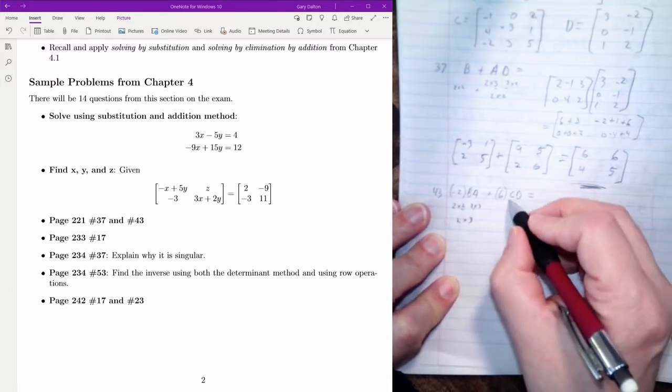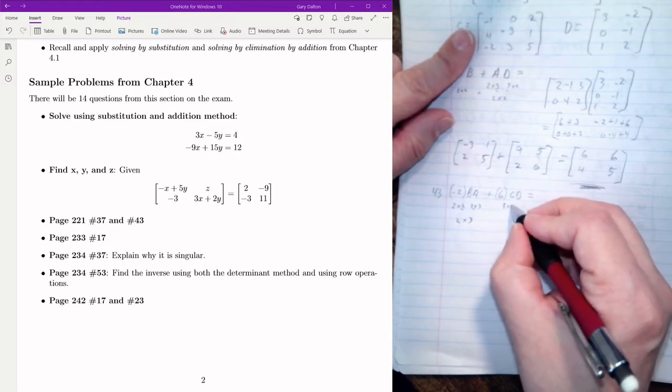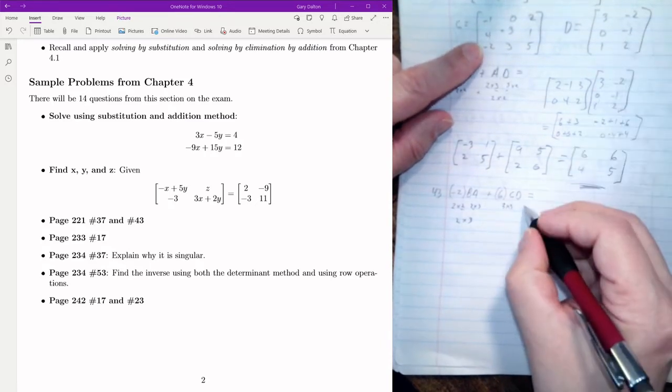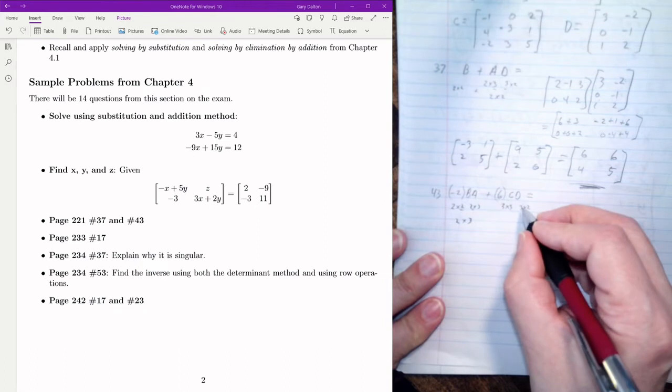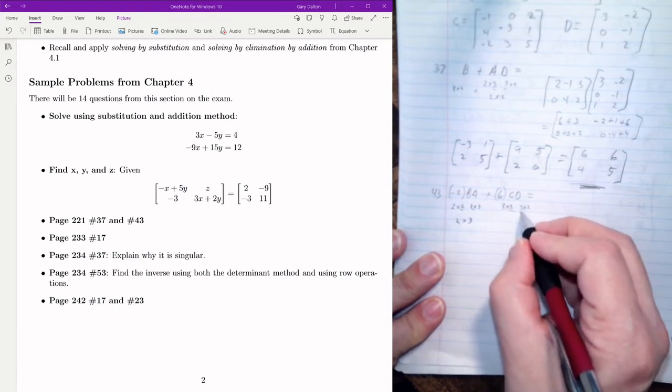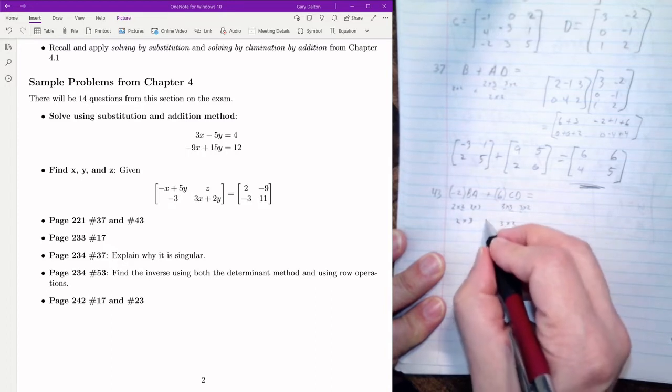Okay. C and D. C is a 3 by 3. D is a 3 by 2. We can do this operation. The output will be a 3 by 2. And then this is an addition.